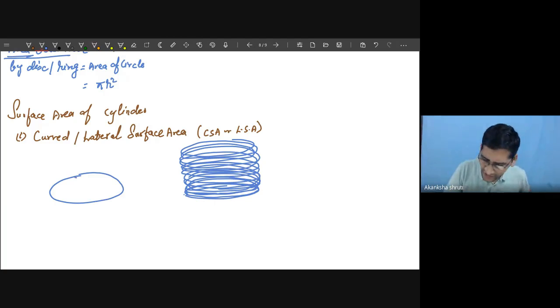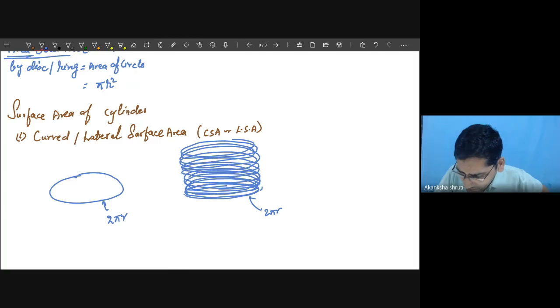If we consider one boundary length, it is our 2 pi r. This boundary length is placed one over another, up to this much. How many such boundary lengths are there?